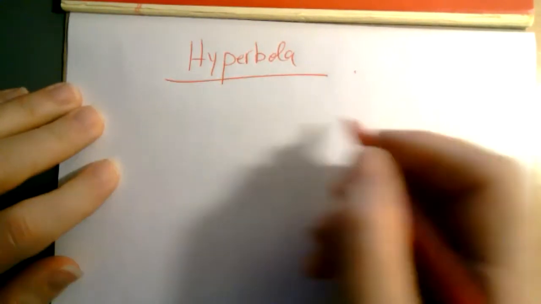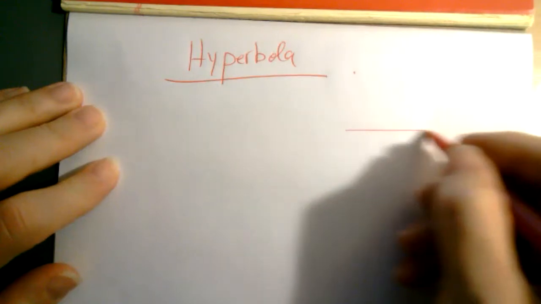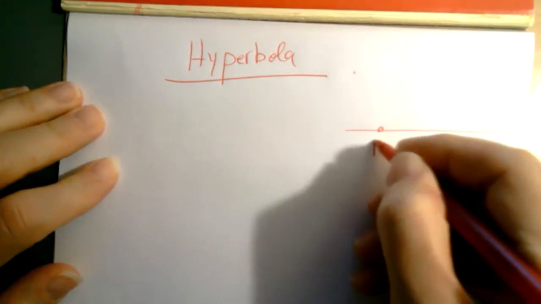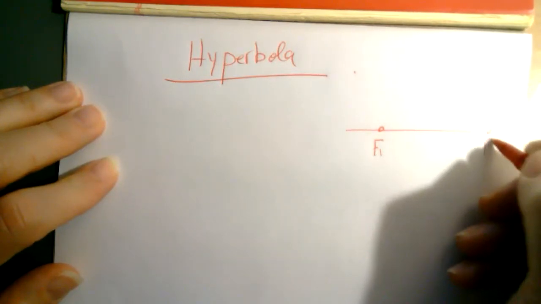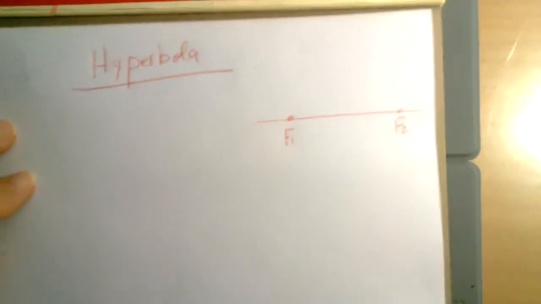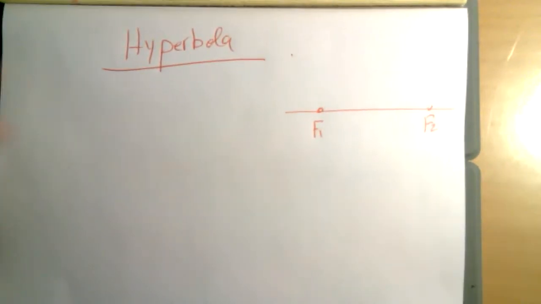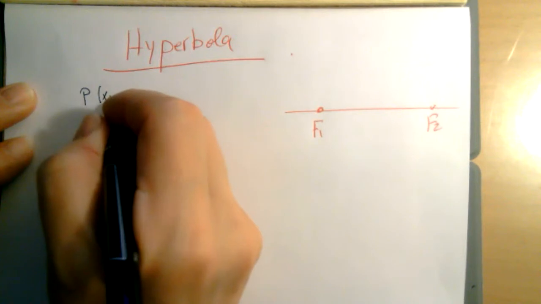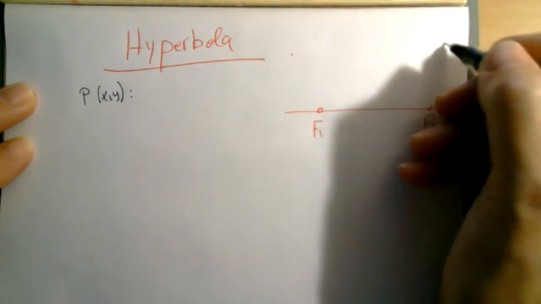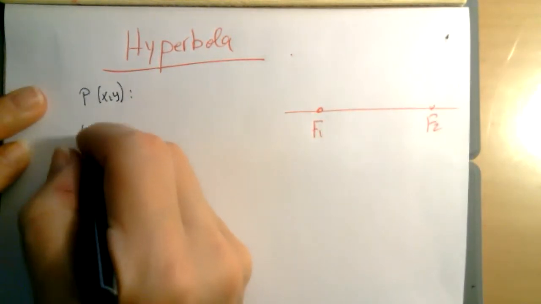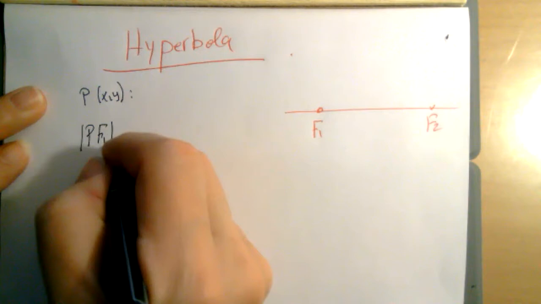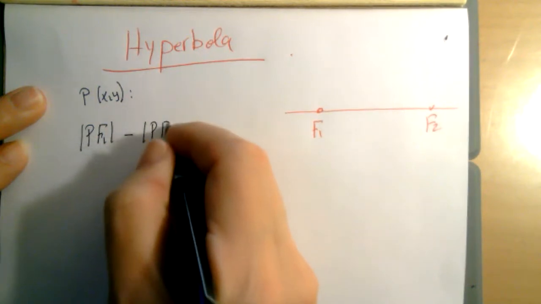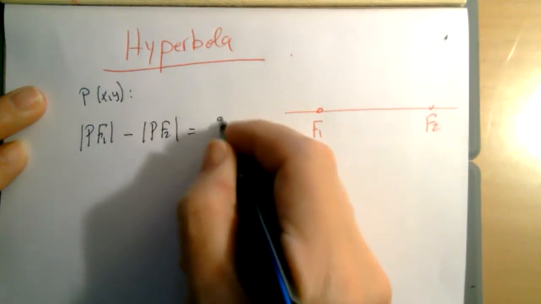Hyperbolas are the following. Like in the ellipse, we're going to fix 2 points, F1 and F2. And the hyperbola is going to be all the points P such that the difference between the distances to F1 and F2 is a constant number.